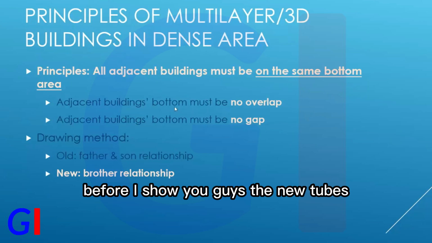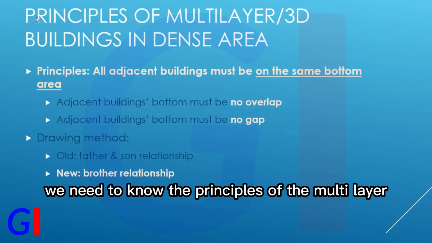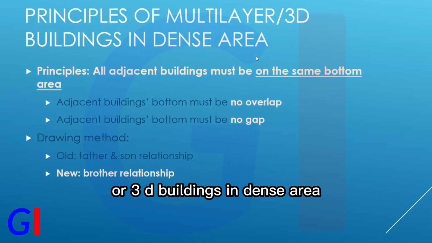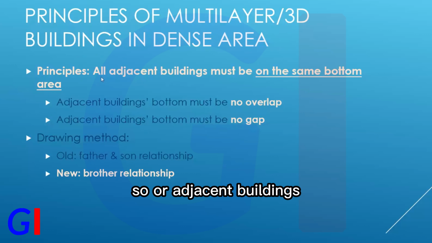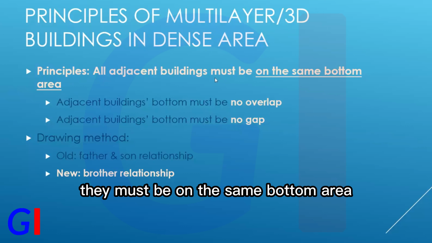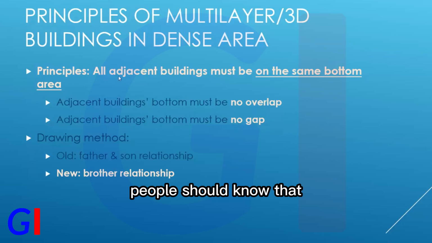Before I show you the new tools, we need to know the principles of multi-layer or 3D buildings in dense areas. All adjacent buildings must be on the same bottom area. I know people should know that.